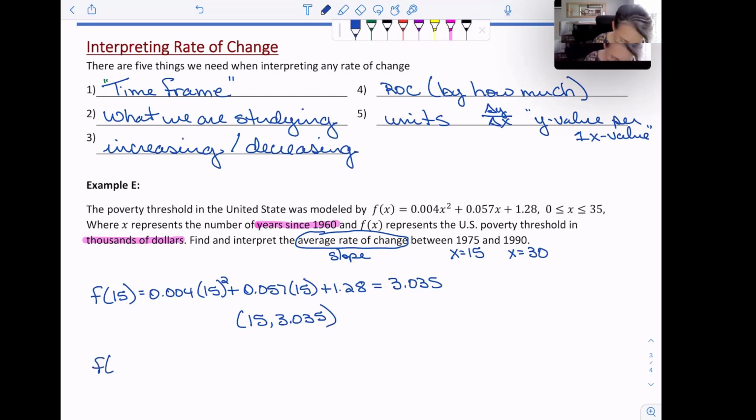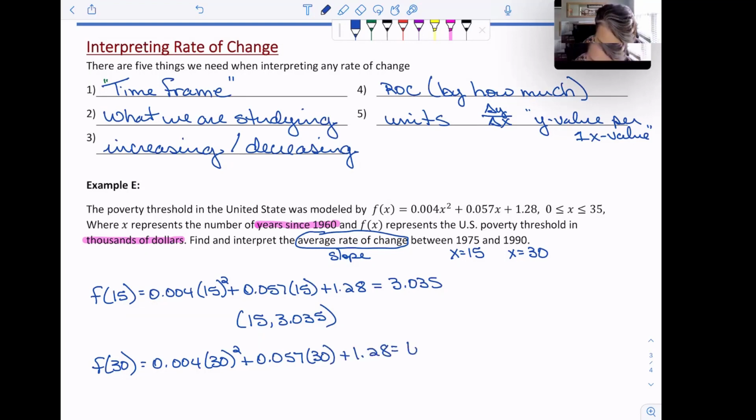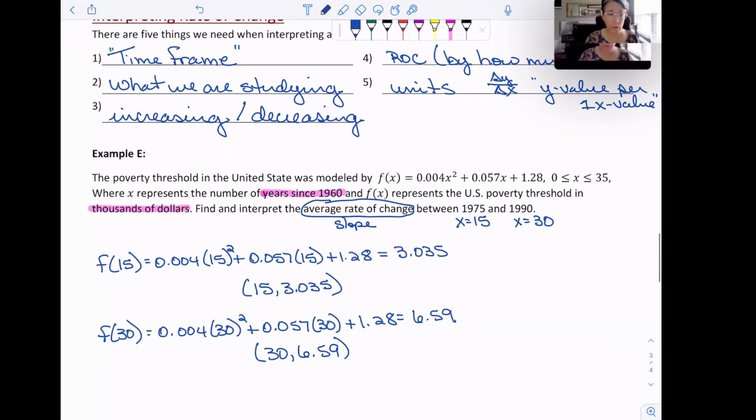So we're going to plug in f of 30. And that gives us 6.59 as our y value. So that gives us the point (30, 6.59). So now that we have 2 points, we can find the slope or the average rate of change between those 2 points.